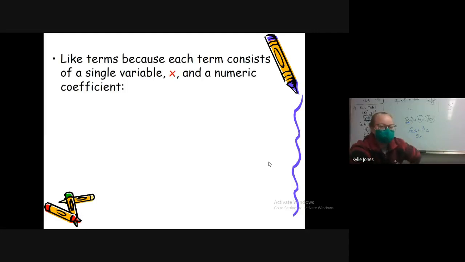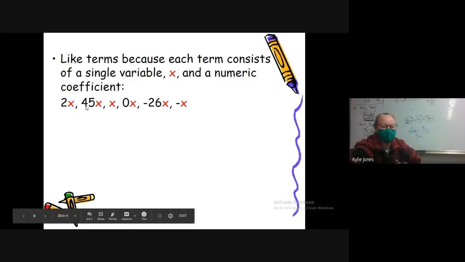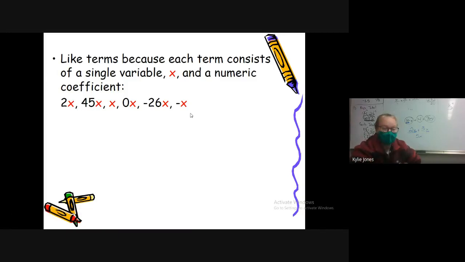So it says, like terms usually consist of a variable, x or y or z or whatever variable they want to use, and some form of coefficients. Could be negative, positive, it doesn't really matter. So they all have the same x, the same variable. They're not raised to any powers, same variable, just x.